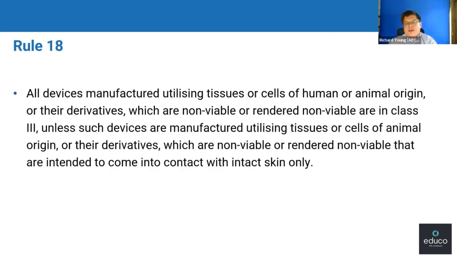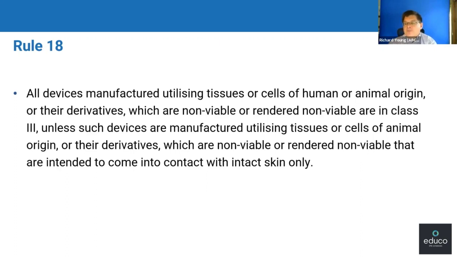Rule 18 talks about devices manufactured with tissues of human or animal origin. It's sort of a caveat to the medicinal one we talked about earlier. And it's basically saying that if we're using human or animal materials to make a product, they're class 3 as well.